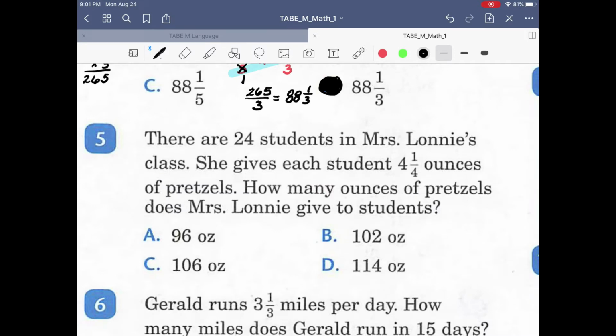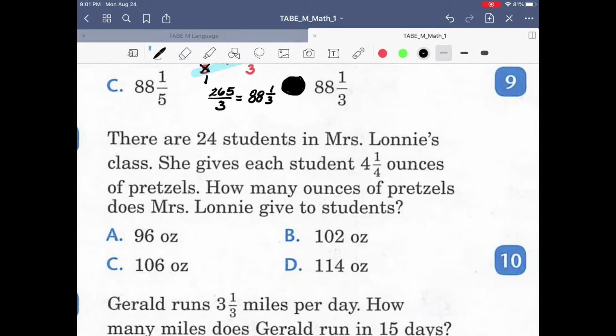Number 5. There are 24 students in Mrs. Lonnie's class. She gives each student 4 1/4 ounces of pretzels. How many ounces of pretzels does Mrs. Lonnie give to students? So we need to multiply.